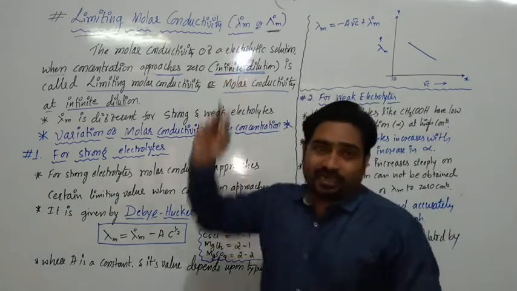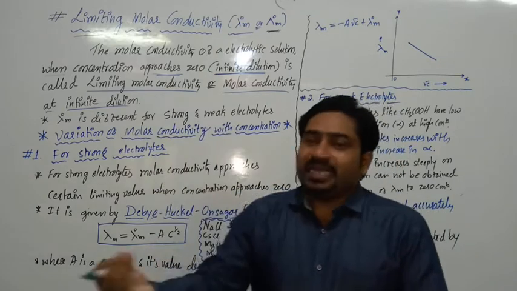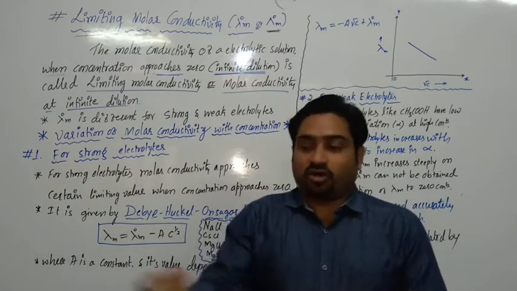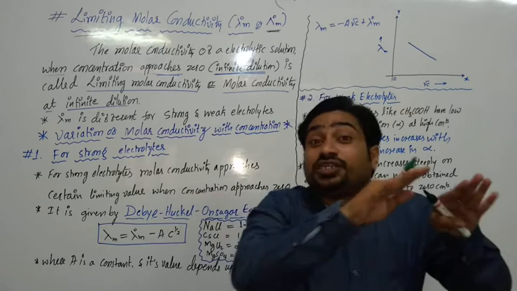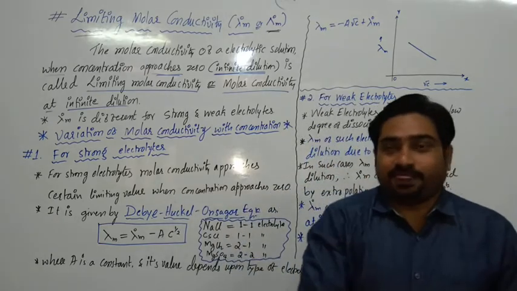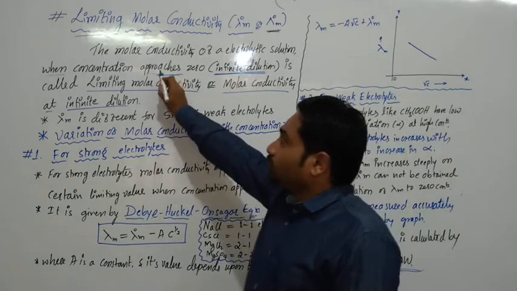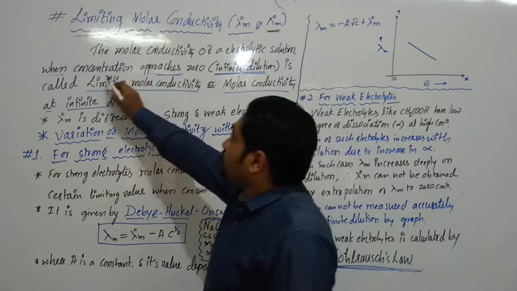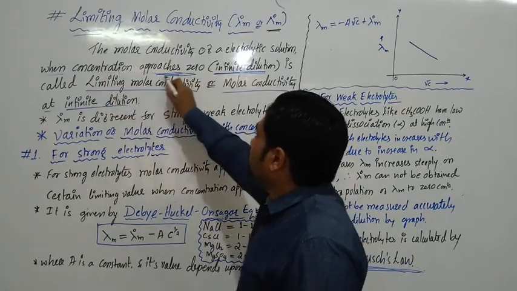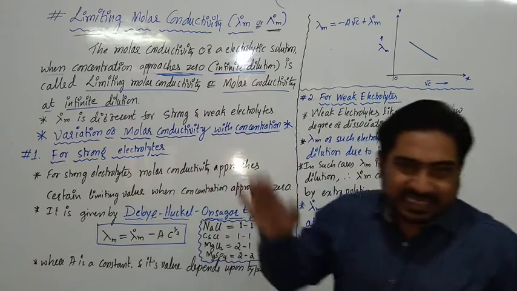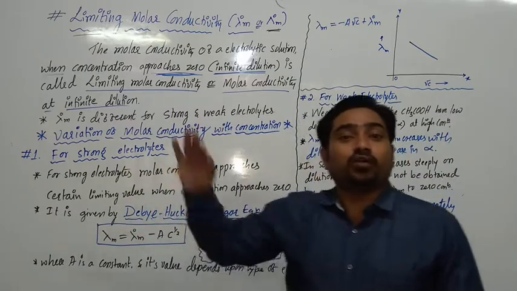To that electrolytic solution I will keep on adding solvent. On adding solvent, what happens? The concentration of solute decreases. The concentration goes on decreasing as we add more solvent.